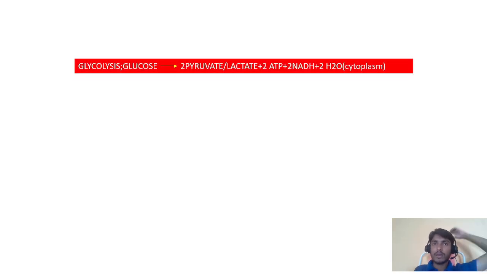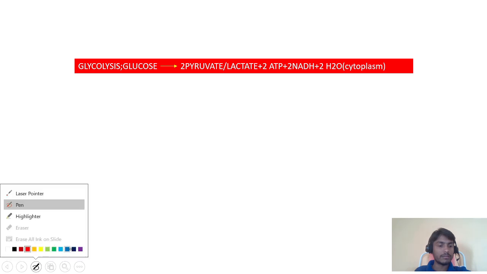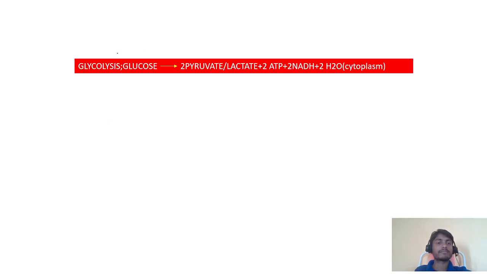When it comes to the metabolic pathways, from the biochemistry point of view, glycolysis is the conversion of glucose into 2 pyruvate or lactate, plus 2 ATP molecules synthesized, with NADH along with water.